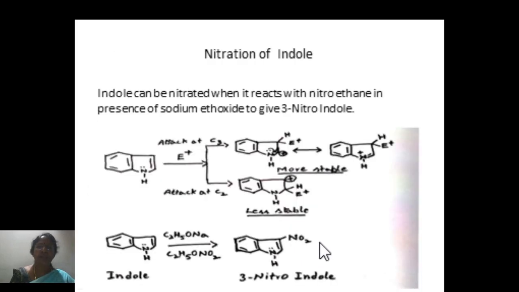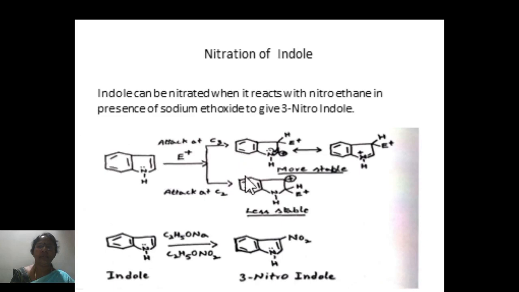Coming to the nitration reaction of indole. Nitration is an example of electrophilic substitution reaction. When an electrophile attacks indole, there can be two possibilities. Either it can attack at C2 or at C3.